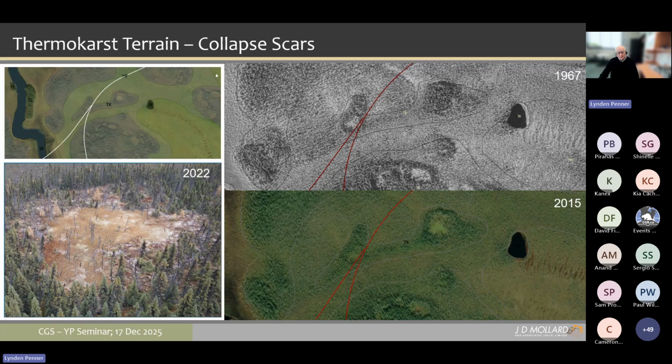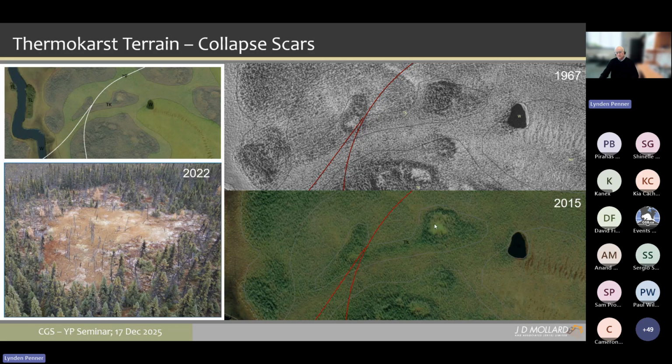So I got the set of older air photos, the 1967 photos, and I was looking at this feature, which is right here. In 1967, you can see that there's no collapse scar feature. In the 2015 image, you can see that it's there. So my conclusion is that sometime between 1967 and 2015, the permafrost there thawed and created that collapse scar.